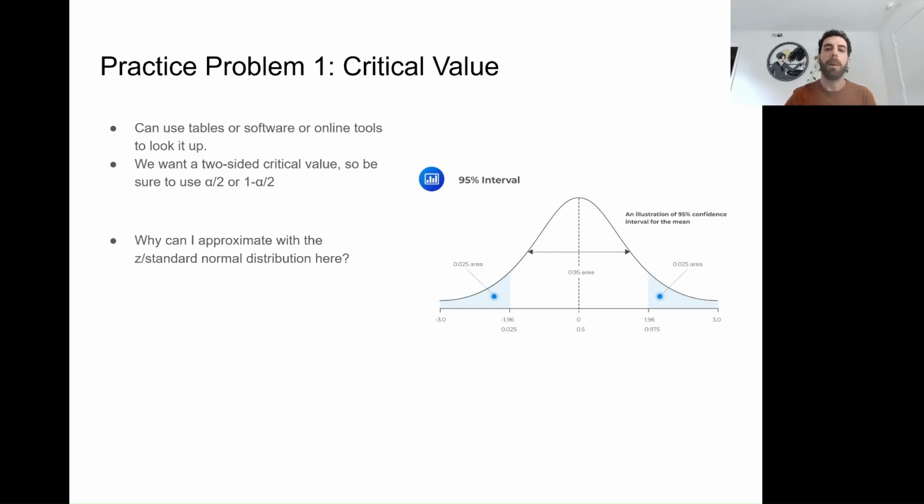You might also remember the empirical rule here, which is the 68, 95, 99.7. That corresponds to the number of standard deviations away from the mean you have to be to cover that much area. So one standard deviation gets you 68%, two standard deviations gets you 95, and three gives you 99.7.